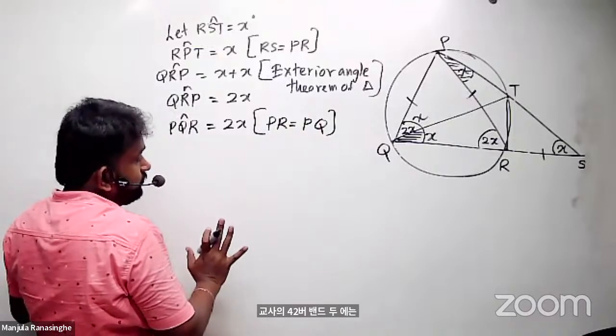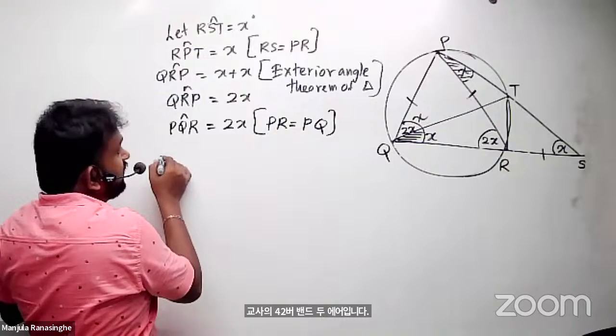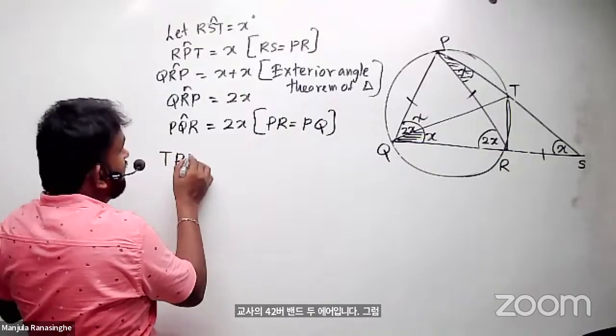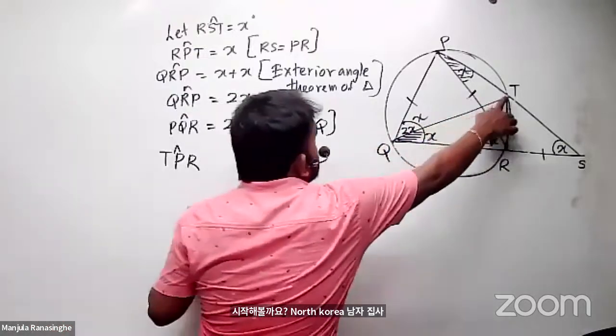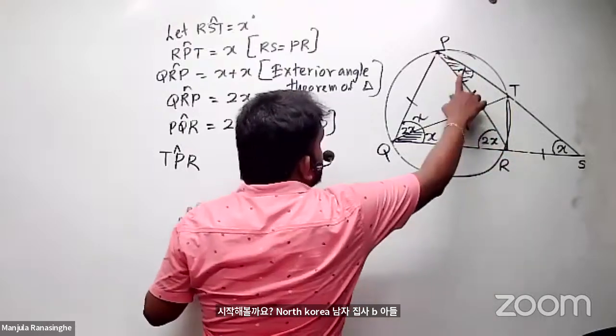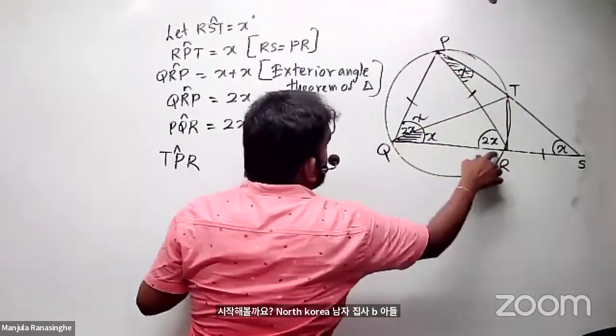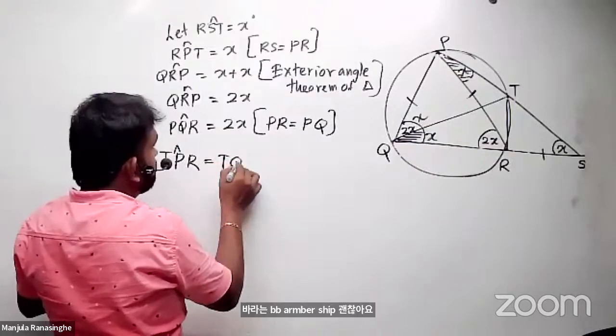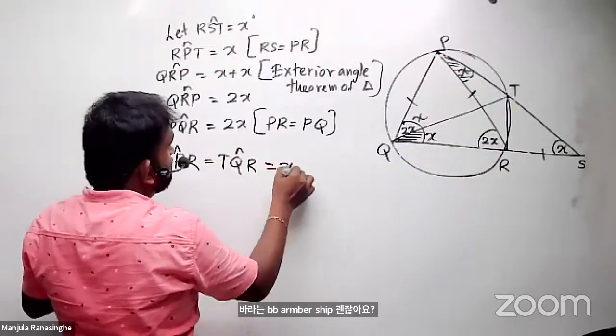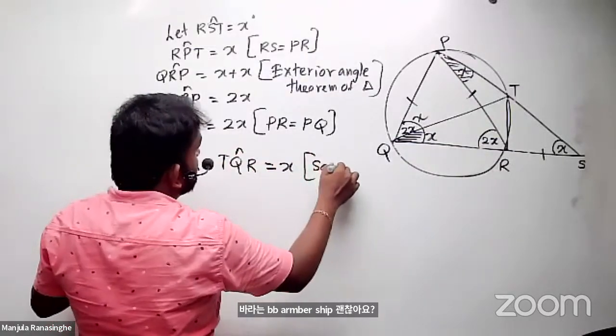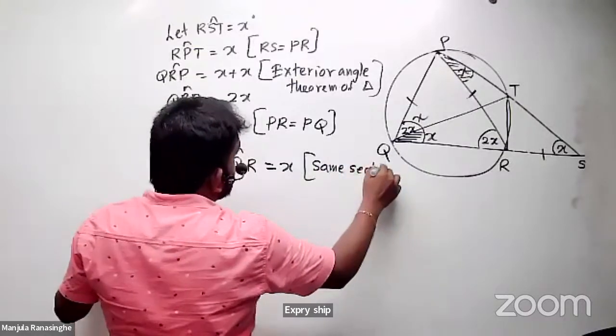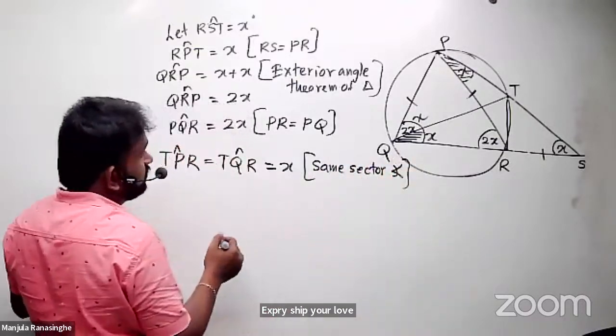Now you can say that TPR, this angle, equal TQR angle, equal X. What is the reason? Same sector angles.